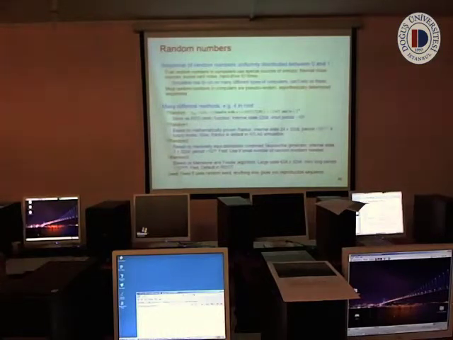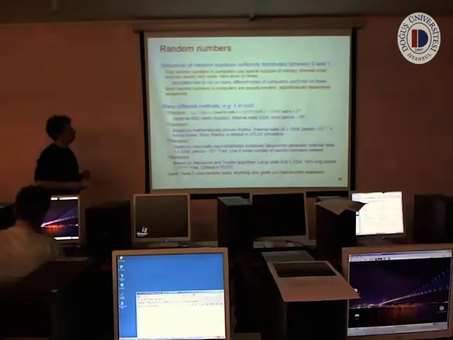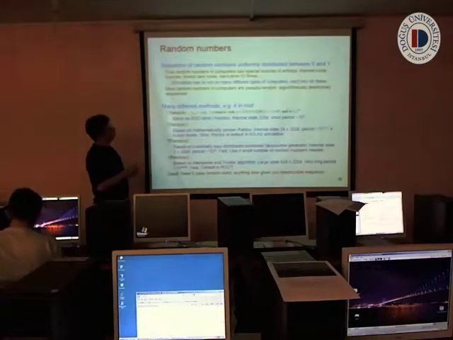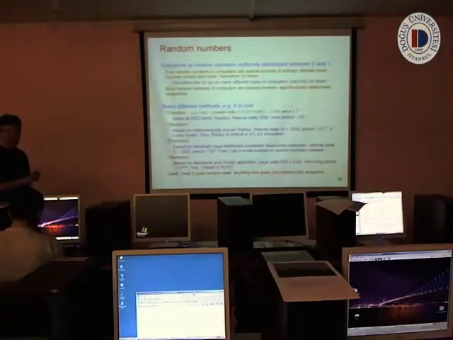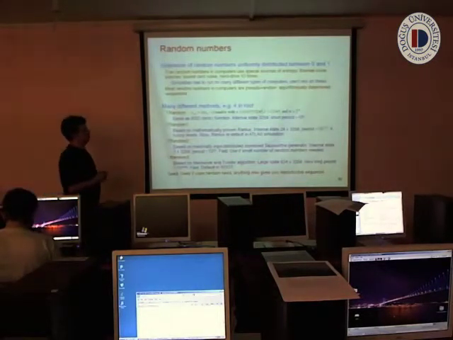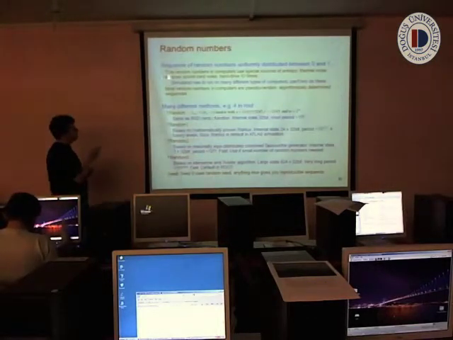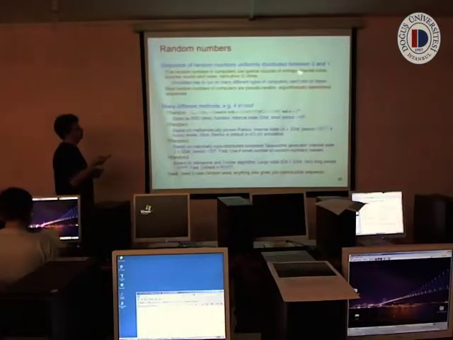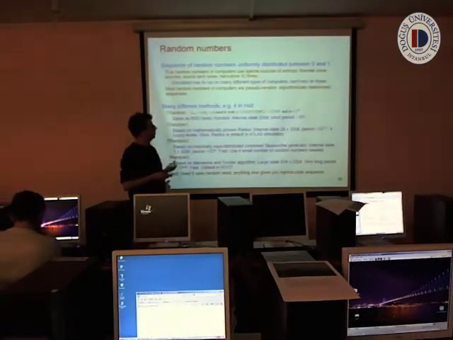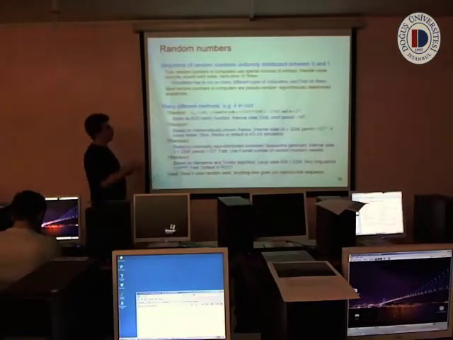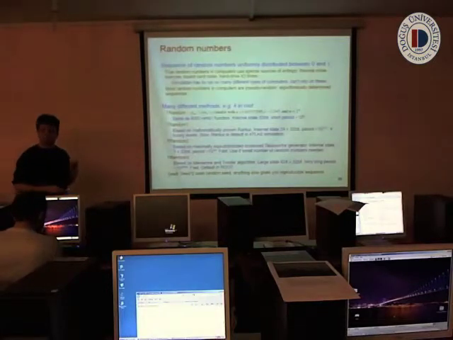So first, maybe I want to pick up random numbers, because that was of interest yesterday. It's not so easy to generate random numbers uniformly between 0 and 1. In a computer, you can have true random numbers if you have some special hardware. This hardware uses different sources of entropy that are also on your computer.